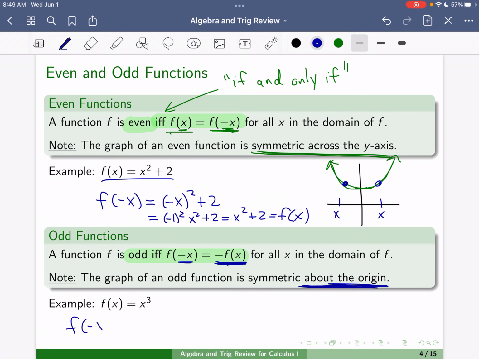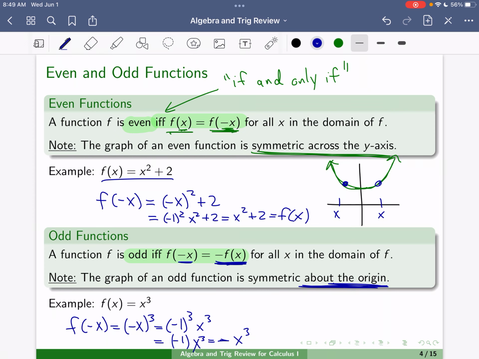So we plug in negative x in place of x. This is negative 1 cubed times x cubed. When you cube negative 1, it is just negative 1. So we have negative 1 times x cubed, which is the negative of x cubed.